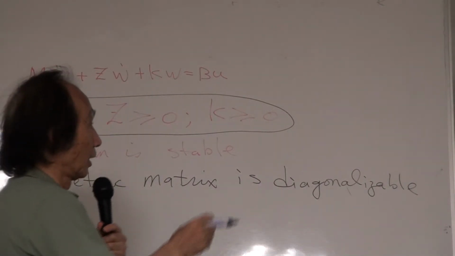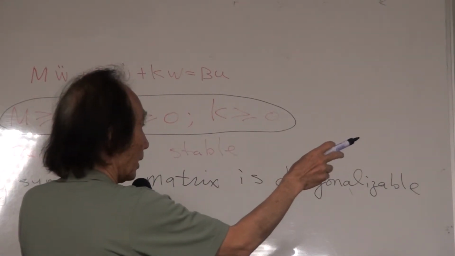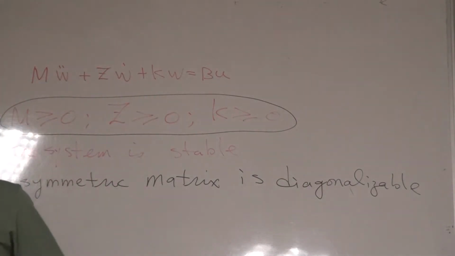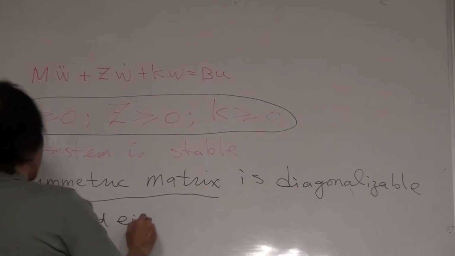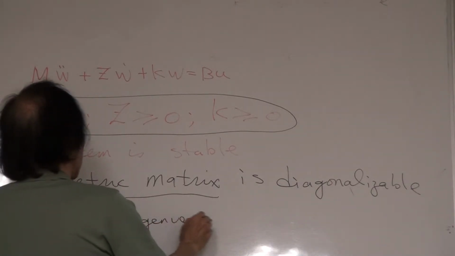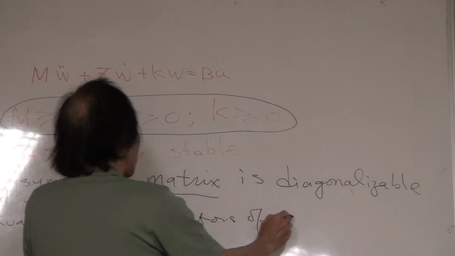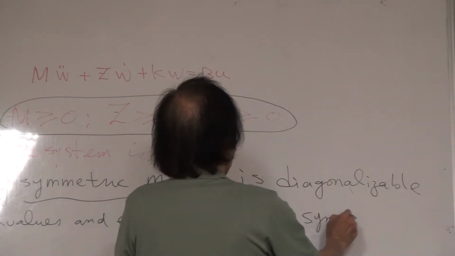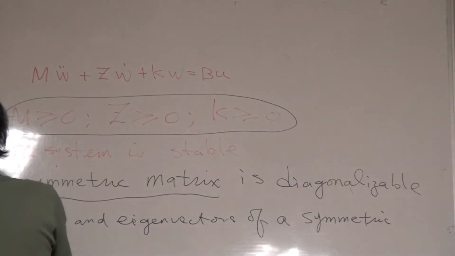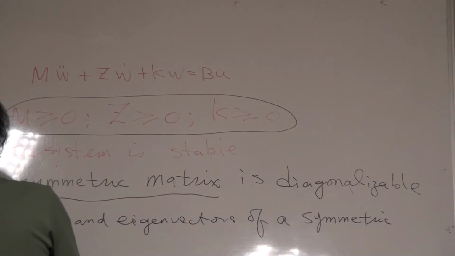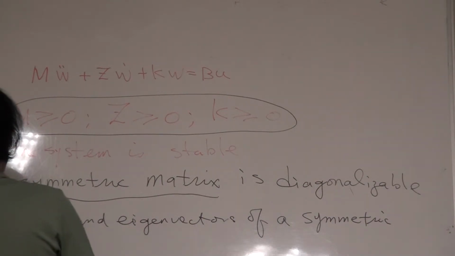In other words, any symmetric matrix you can transform to a diagonal matrix. Also, the eigenvalues and eigenvectors of a symmetric matrix are real, though not necessarily positive definite.